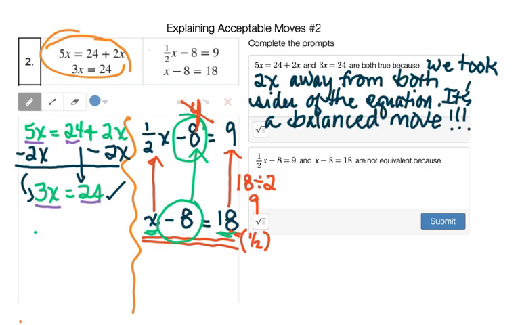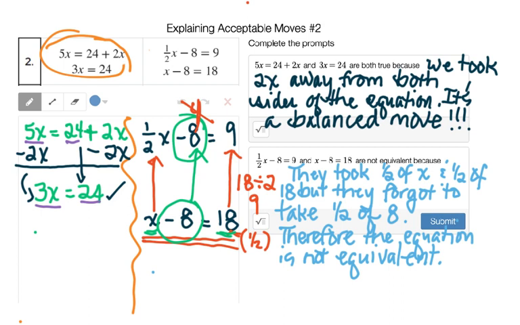So what I'm going to do is write that in the dialog box so you can copy that down. What I wrote was they took 1/2 of x and 1/2 of 18, but they forgot to take 1/2 of 8. Therefore, the equation is not equivalent.